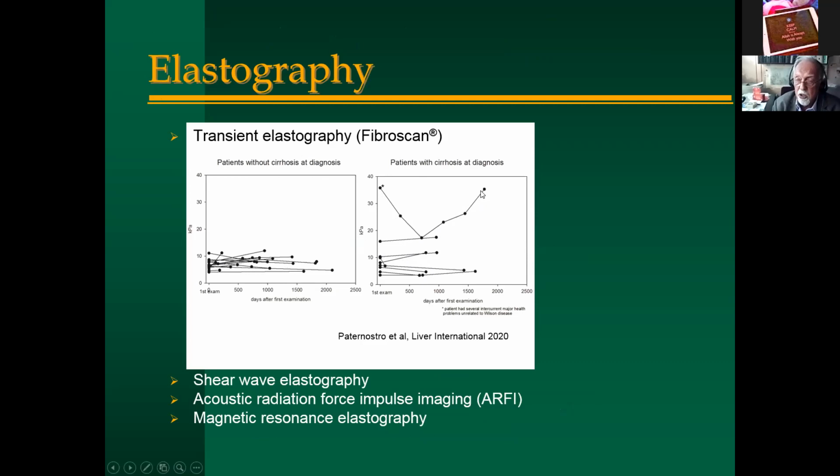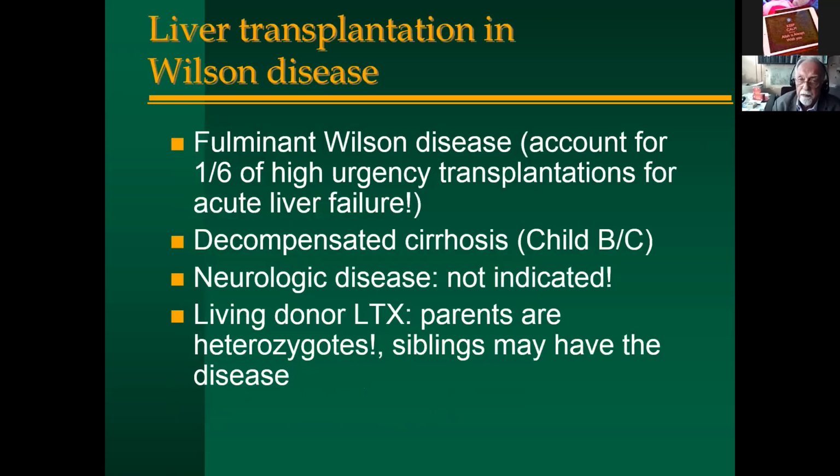This worsening was due to an intercurrent unrelated disease. You can have other forms of elastography, like shear wave elastography, acoustic radiation force impulse imaging, and magnetic resonance elastography. Whether they are better remains to be seen, but FibroScan in our hands is quite a good methodology.